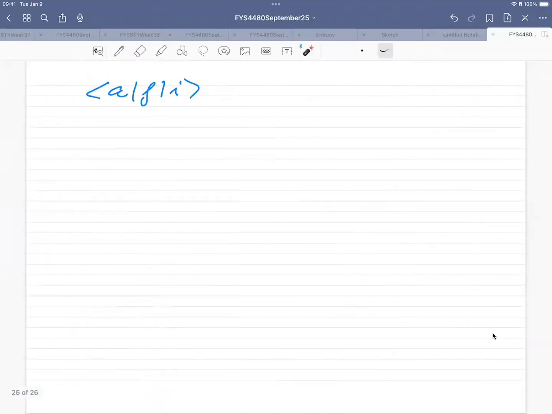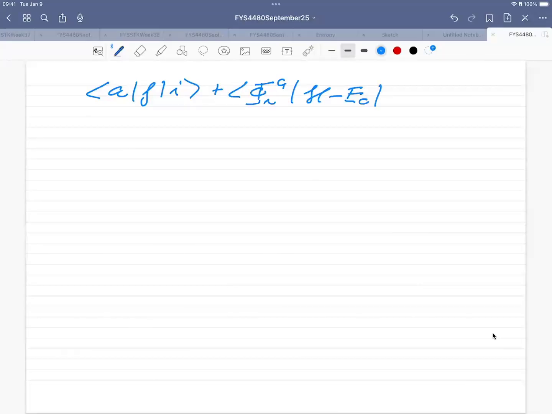So I will have a plus. There's going to be a phi I of A of H minus E0. And then I have a phi I of A. And then I have a coefficient CIA.